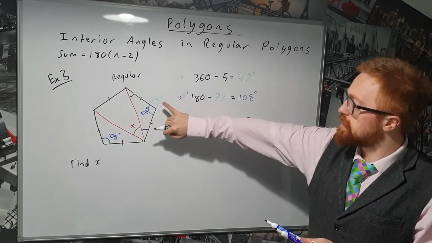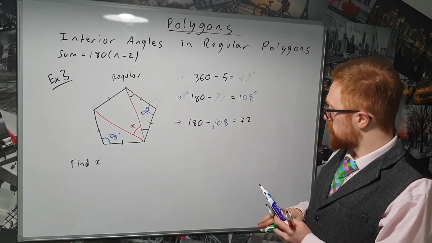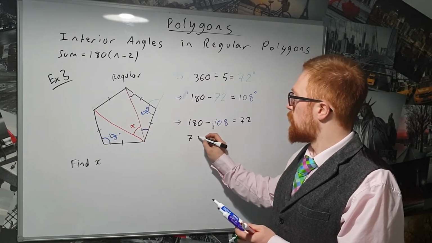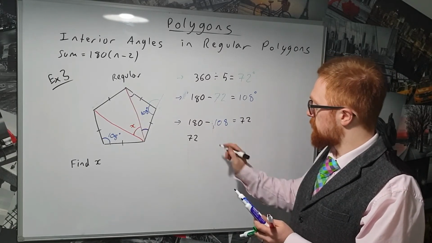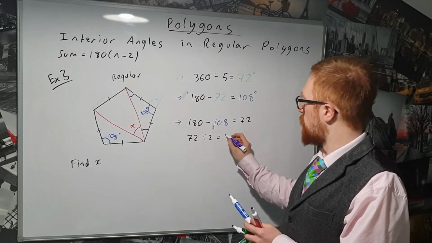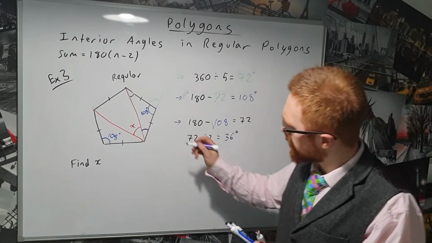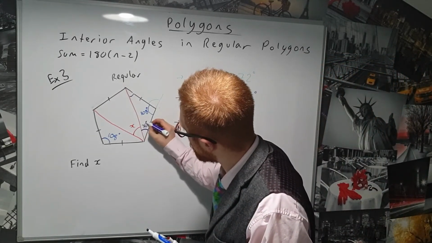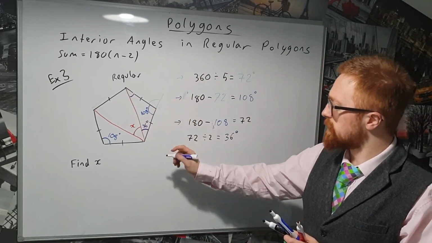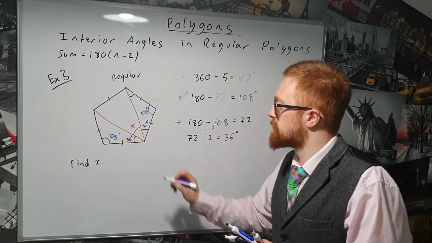But then, because these purple angles are the same, and they both add up to 72, I can halve that 72, and that'll tell me what one of my purple angles is. So 72 divided by 2 is equal to 36 degrees. So remember, this angle here is 36 degrees. Because this pentagon is symmetrical, it's regular, I also know that this angle here is 36 degrees.